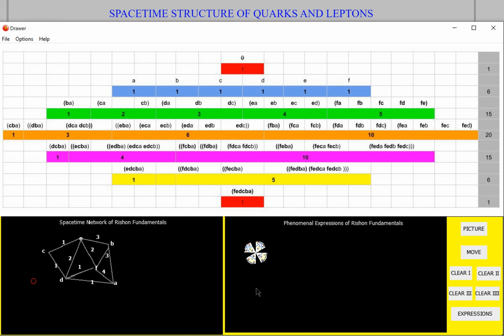And in addition to the T, you will of course have the anti-T and the V and its four kinds and the anti. That will give you 16 expressions for a given Rishon relating in a given group of three.